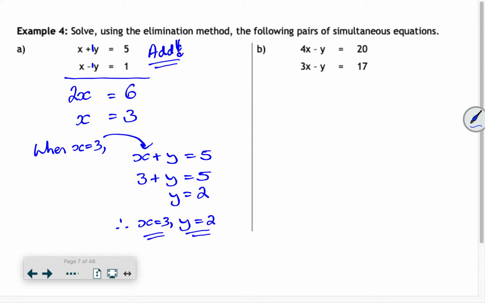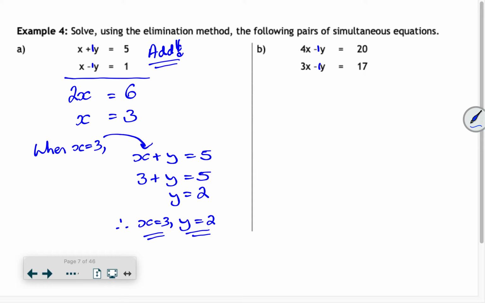The next example here has 4x minus y is equal to 20 and 3x minus y is equal to 17. So, to allow us to solve these equations, what you'll notice here is that I've got a minus 1y, and a minus 1y in the second equation.